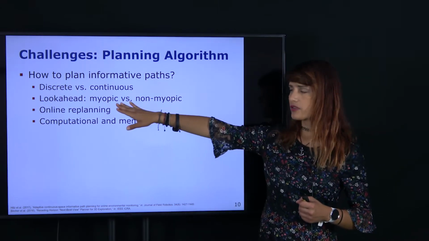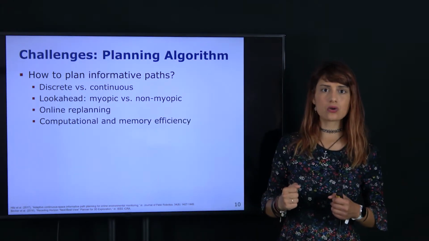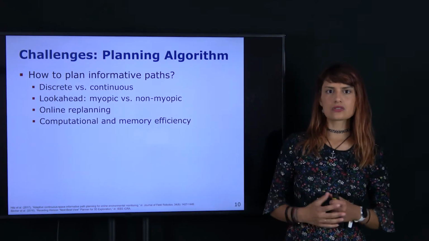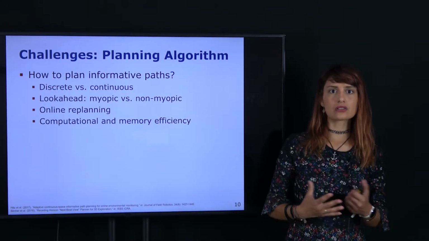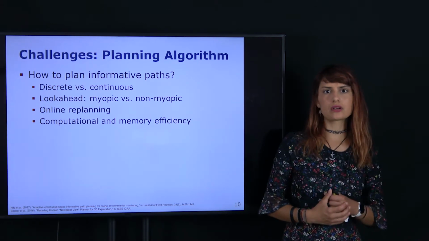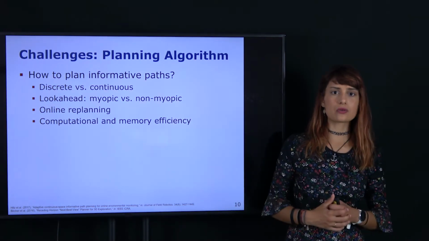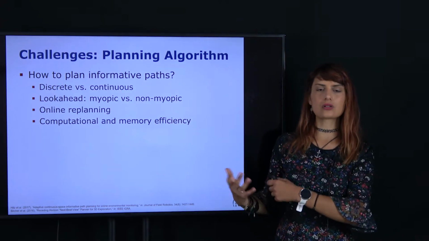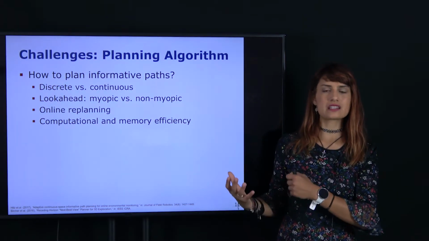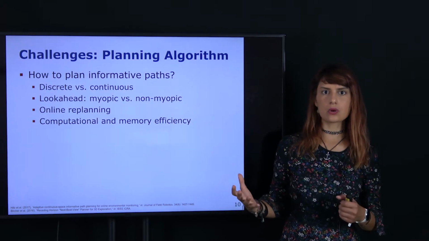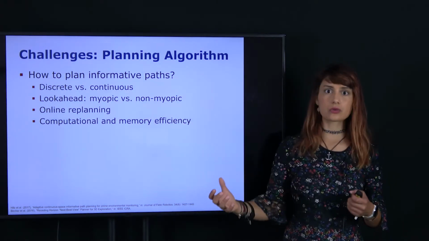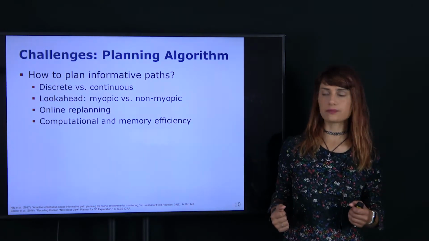Myopic planning can be very efficient in the sense that it only looks at the next possible action, but it can also lead to the robot getting stuck in local minima. For example, one could imagine if there is a corner where the robot hasn't been before, it might travel there to collect a lot of information, but then get stuck in an area where there's not much other information value to be gathered if it were to leave in any direction.